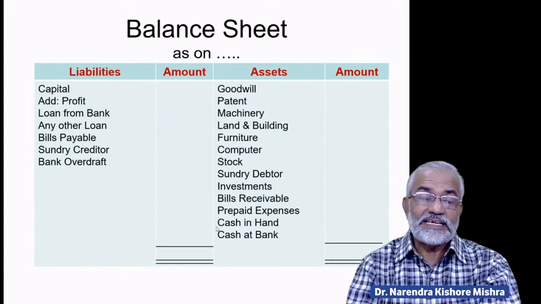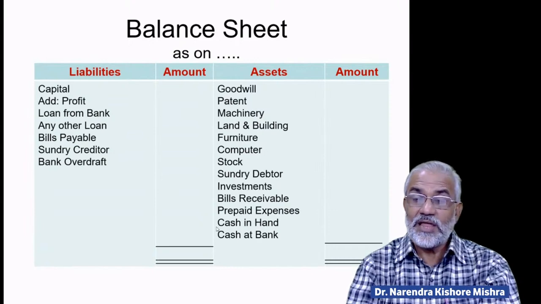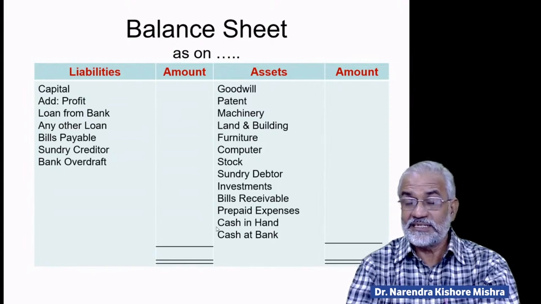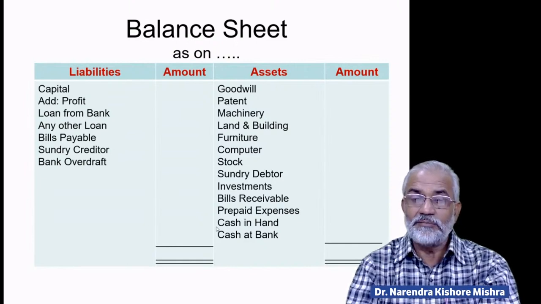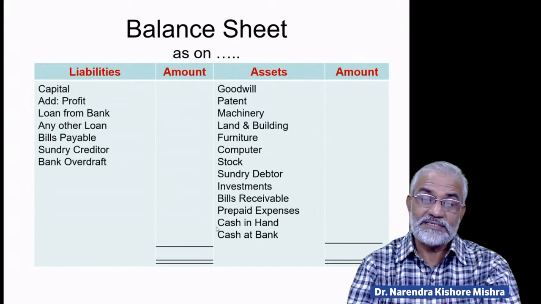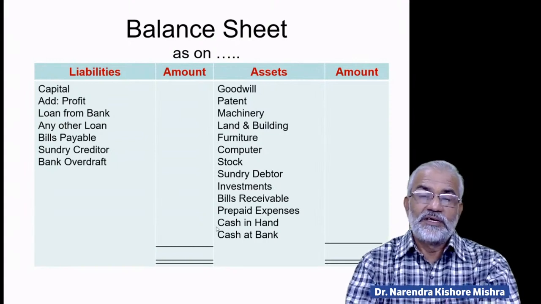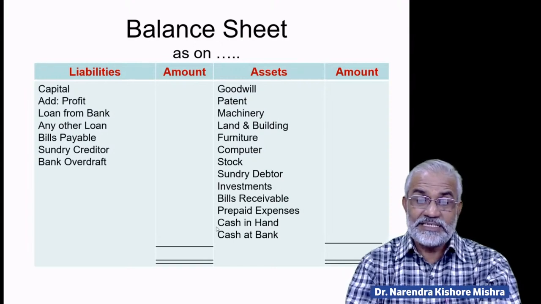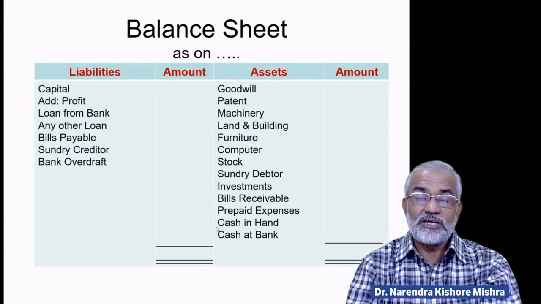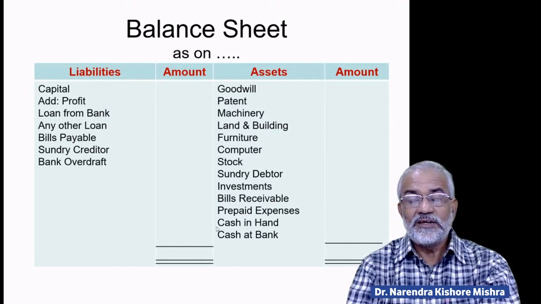If this is not a cash sale but a credit sale, then what will happen? It will give rise to sundry debtors. Stock will be converted into another current asset, that is sundry debtors. Sundry debtors, when realized 10-15 days after the end of the credit term, are converted into cash. So although the stock is not directly converted into cash in case of credit sale, the conversion takes place in a very short span of time. That's why it is called a current asset.